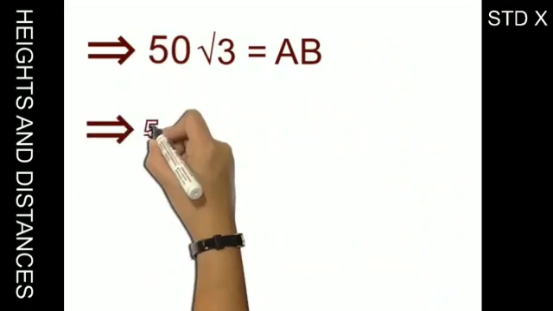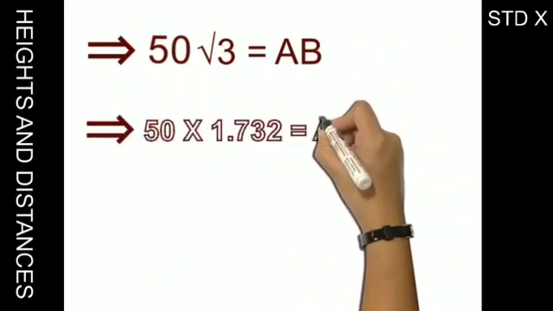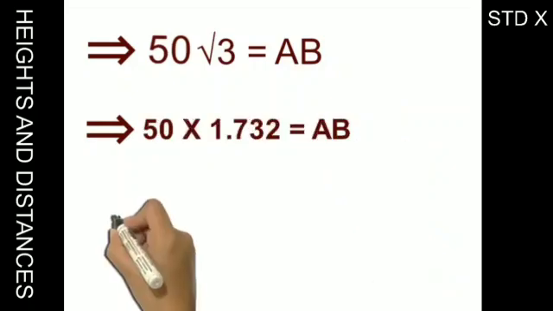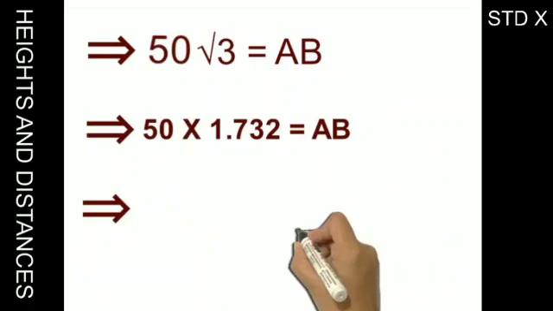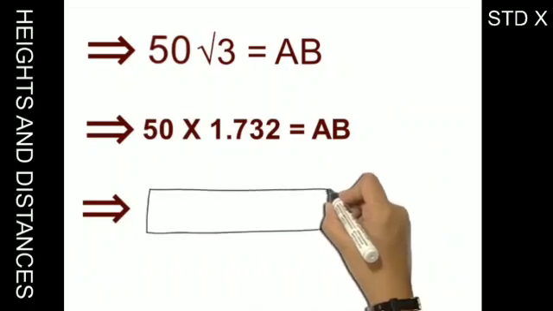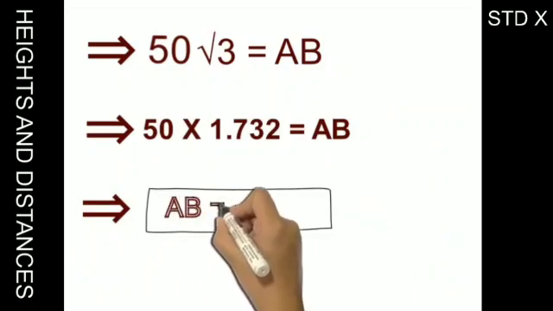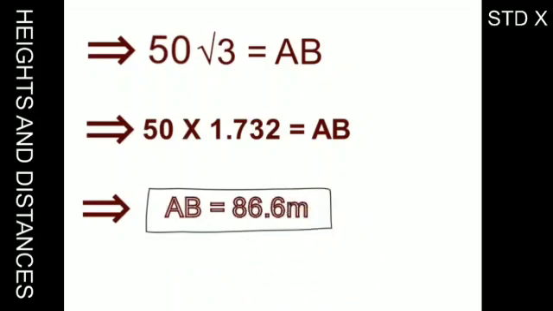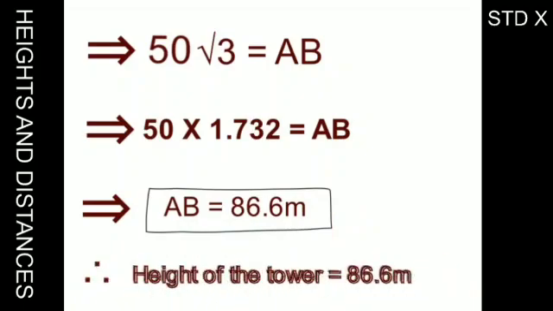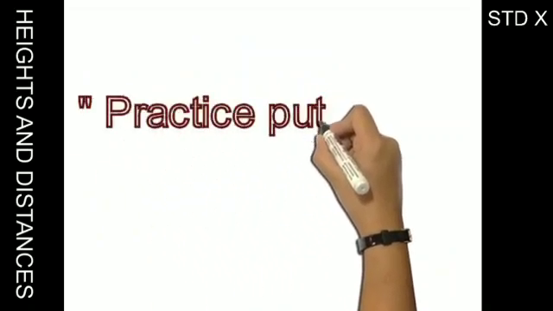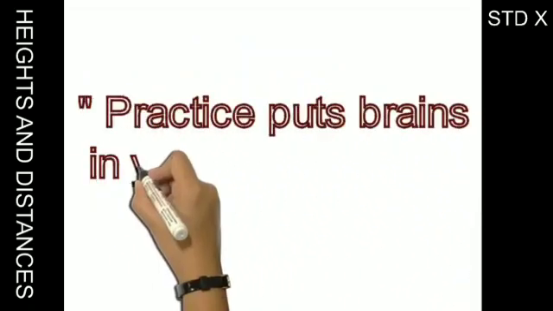What is the value of root 2? 1.414. Now in this question you have to find 50 into 1.732. So the height of the tower AB equals, how much are you getting after multiplication? You are getting 86.6 meters. So you will write down: height of the tower equals 86.6 meters.